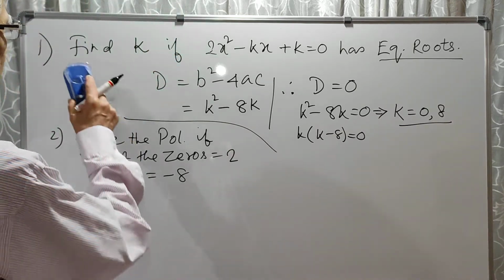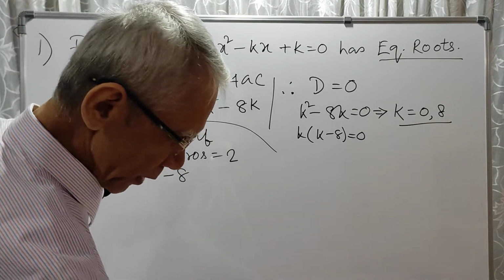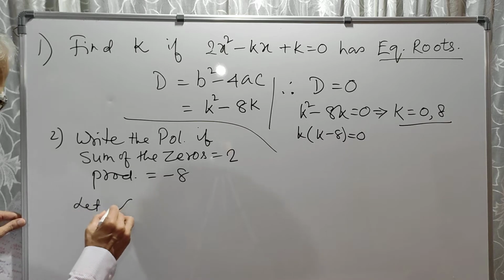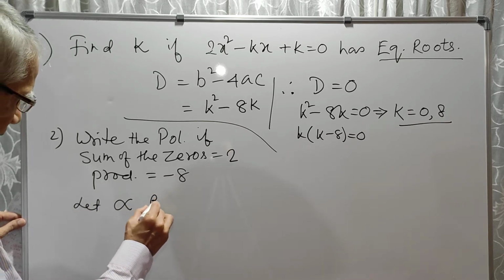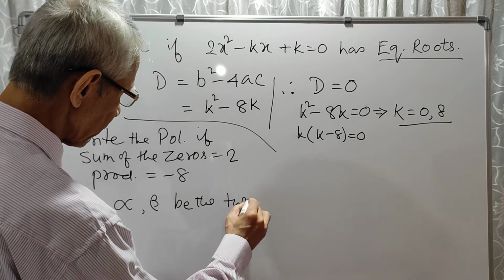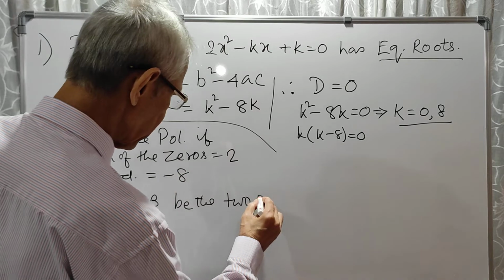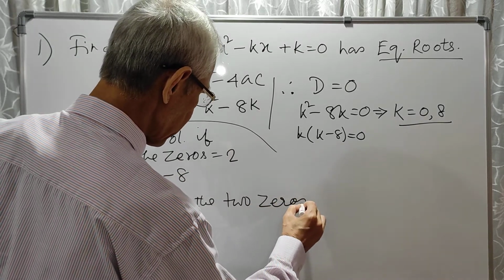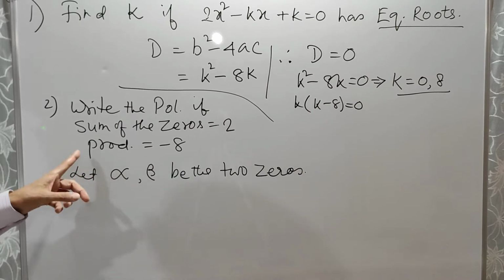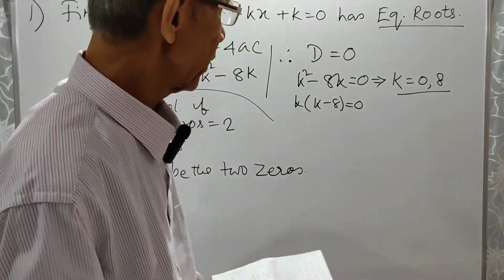Okay, so we'll assume here that alpha and beta are the two zeros. This is not an equation, therefore we will call them zeros. Now the general polynomial is ax square plus bx plus c, isn't it?